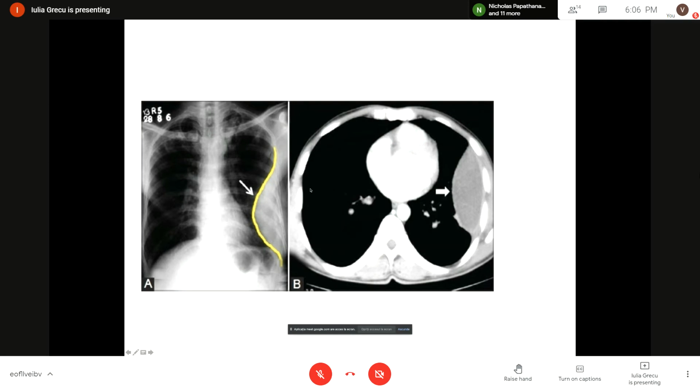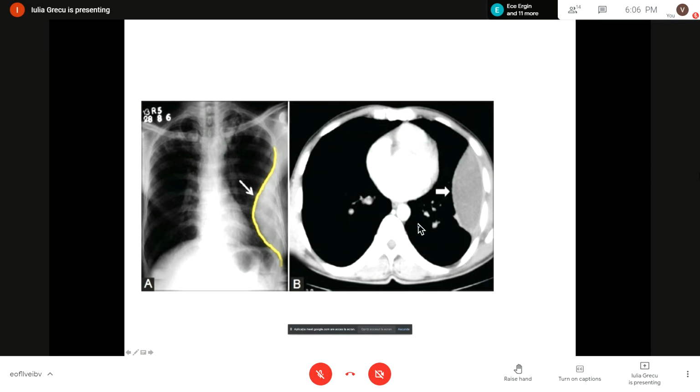And if we perform, obviously, a chest CT that most of us would probably do, we will easily depict this loculated pleural effusion that you can see like a lenticular fluid accumulation on the lateral thoracic wall that is basically suspended here.